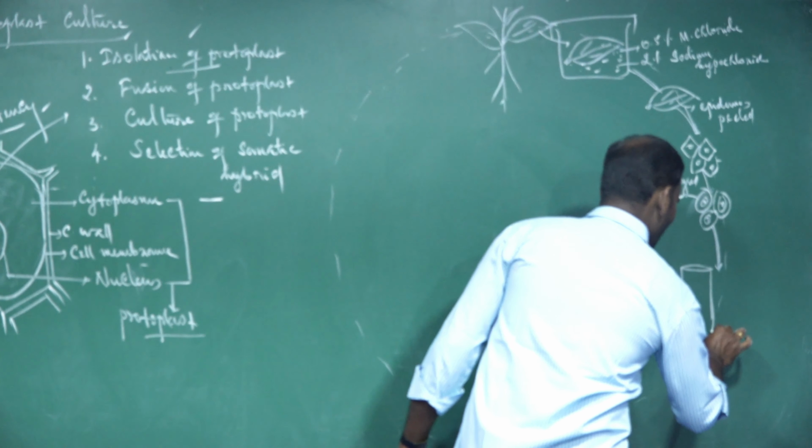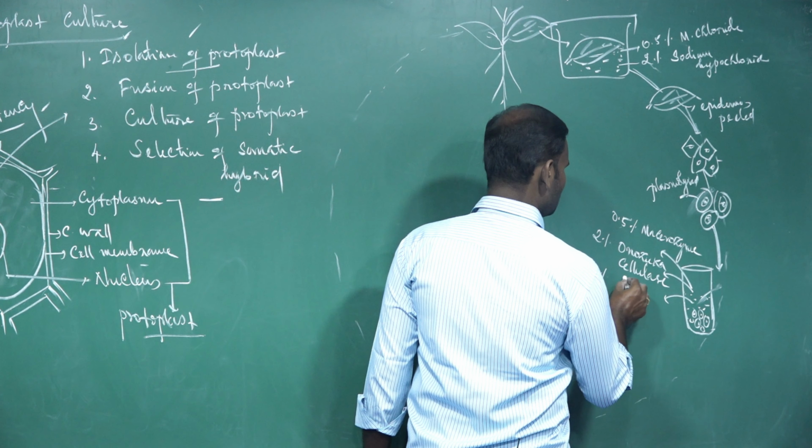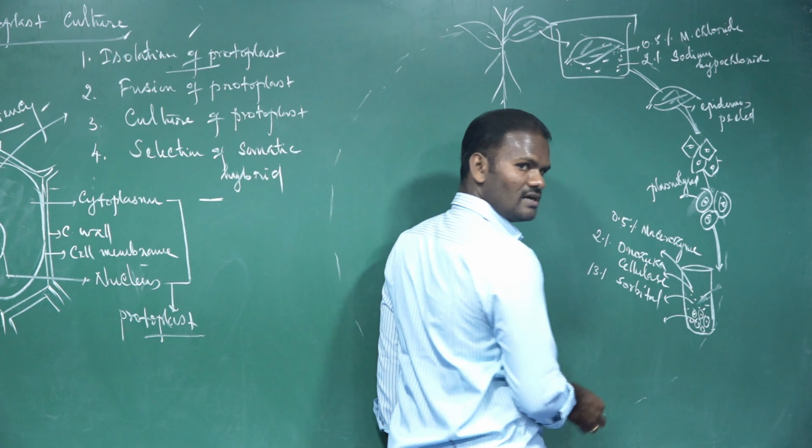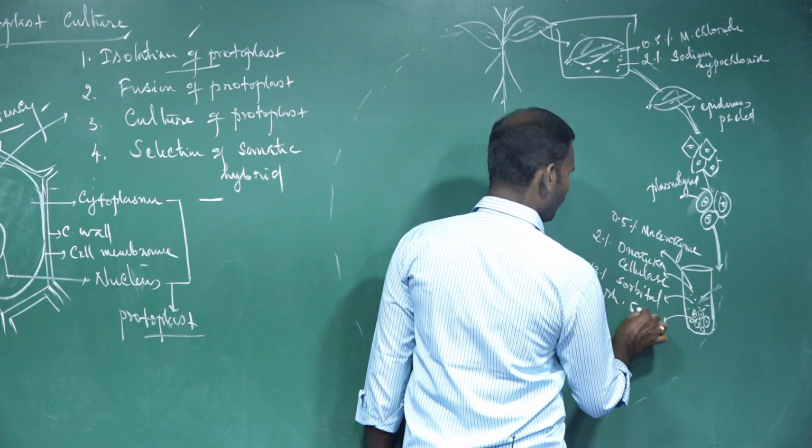The enzyme mixture contains 0.5% macerozyme, 2% cellulase enzyme to degrade the cell wall, 13% sorbitol or mannitol, and the pH is maintained at 5.4.